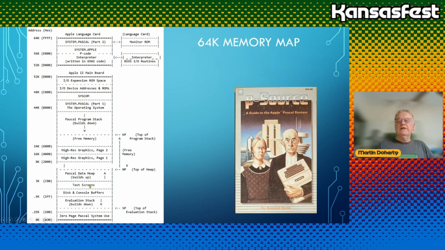Now between the text screens and the high-res graphics screens is your data heap. So this is where your variables lived. Your variables would build up from the bottom, and your program code was loaded at the top in high memory.